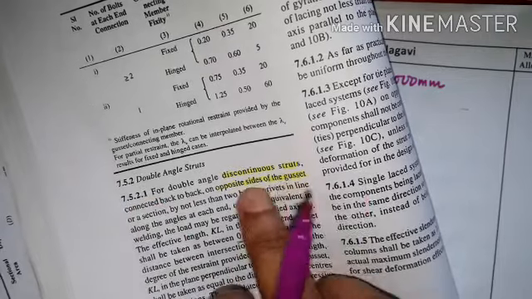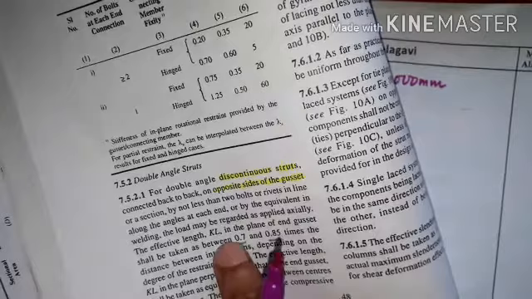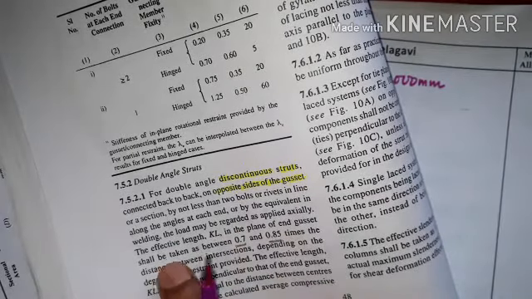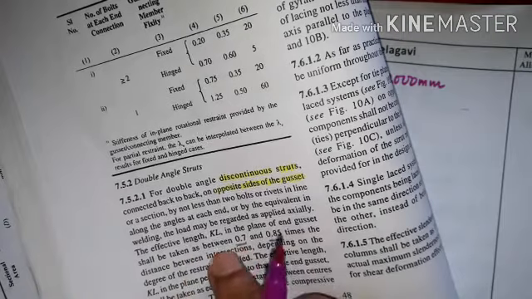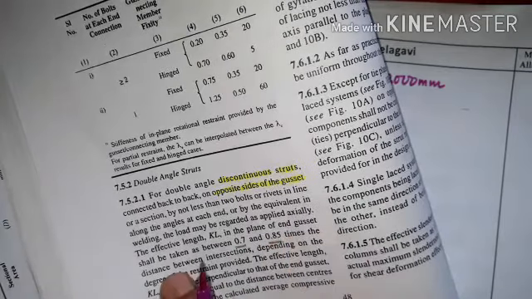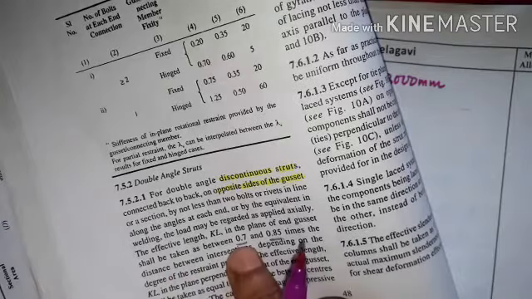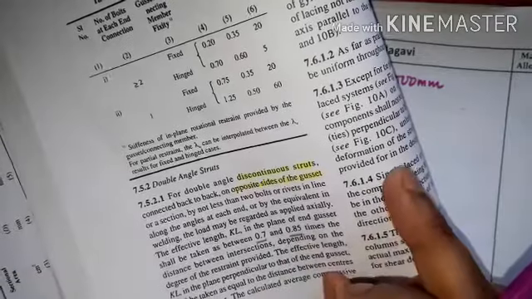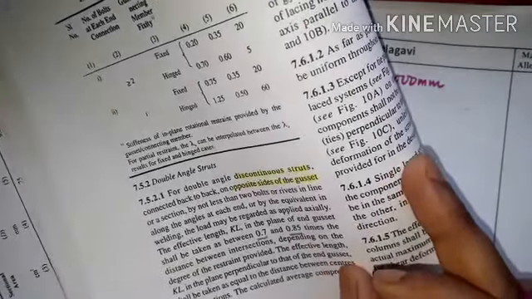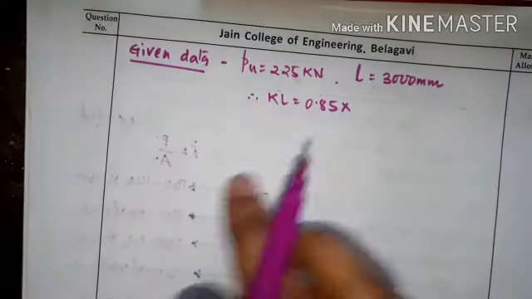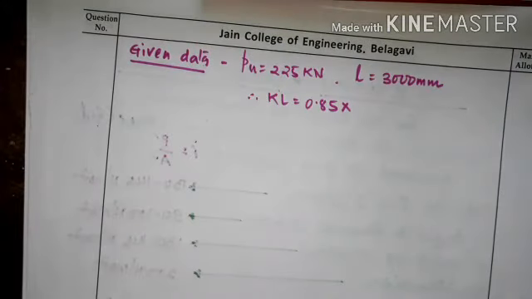Discontinuous strut, opposite side of the gusset plate, the KL in the plane of end gusset shall be taken as between 0.7 to 0.85 times the length of member between the intersection. So 0.85 we are going to assume here.